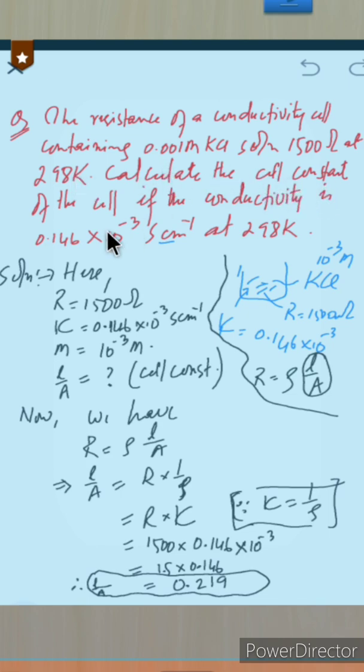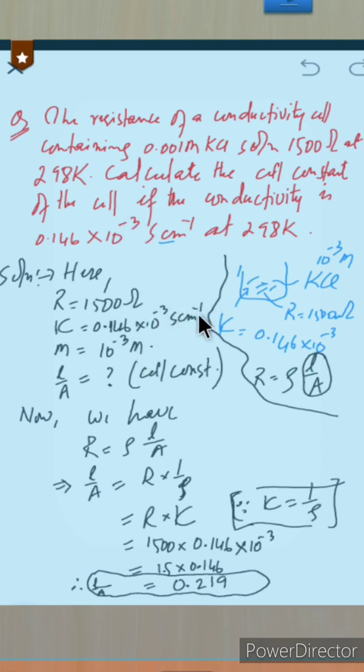Calculate the cell constant of the cell if the conductivity is this much at 298 K. So here resistance is given as 1500 ohm, conductivity is 0.0146 × 10^-3 Siemens per centimeter.